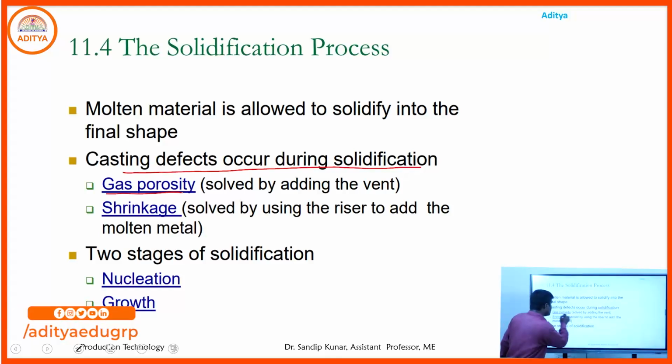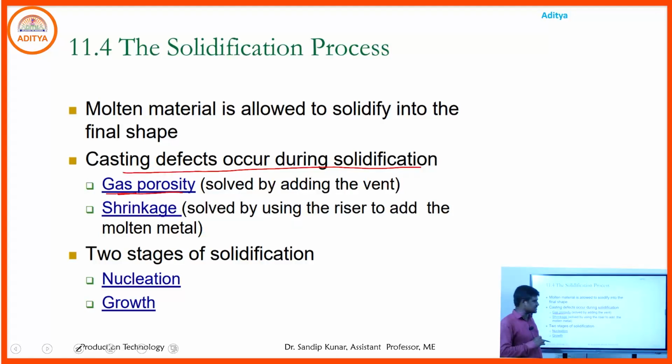So it is necessary to remove the gas porosity problem. How to solve this problem? By adding vents. Some rod type components are used to remove the gas, and that is called the venting operation.